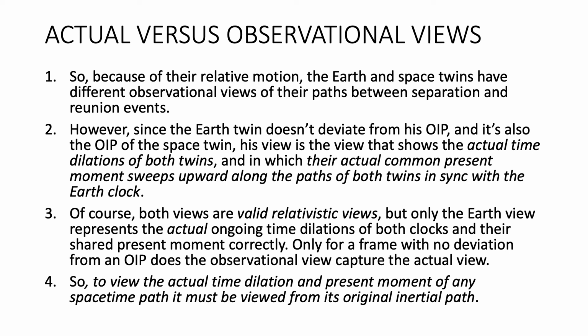So, because of their relative motion, the Earth and space twins have different observational views of their paths between separation and reunion events. However, since the Earth twin doesn't deviate from his OIP, and it's also the OIP of the space twin, his view is the view that shows the actual time dilations of both twins and in which their actual common present moment sweeps upward along the paths of both twins in sync with the Earth clock.